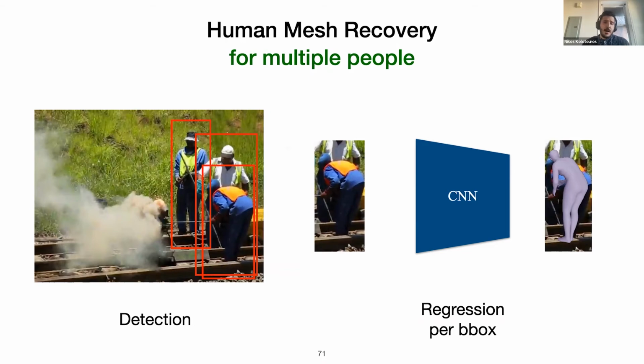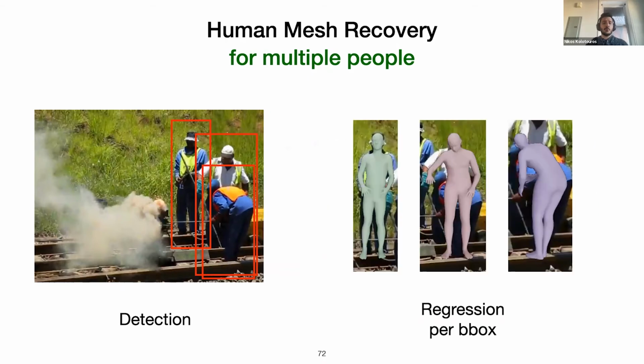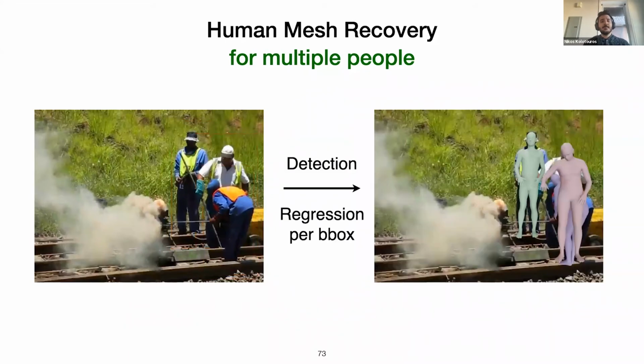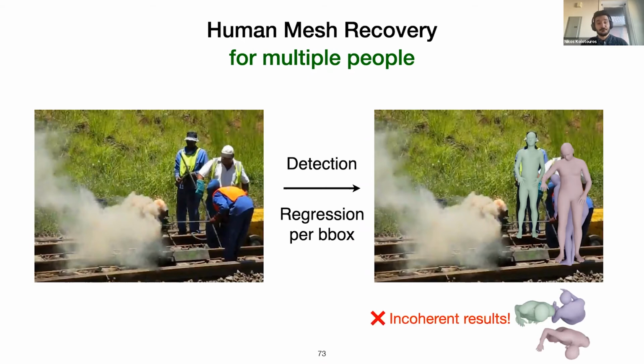Surprisingly, this doesn't look too bad, right? We get a reasonable pose for each person, so we should be able to combine them and get a result. Well, a result that is incorrect. Let us also take a look from the top view. Yeah, the combined result is incorrect, or actually incoherent.